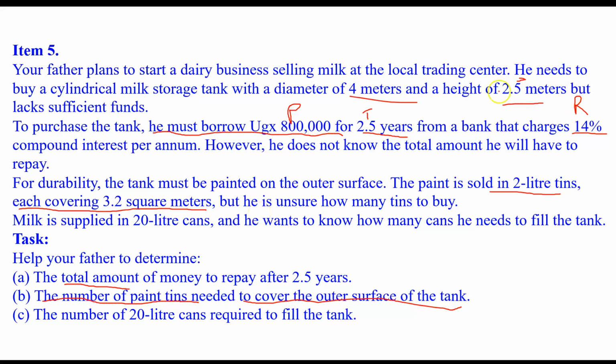So we shall get the area to be covered divided by 3.2 since each tin covers 3.2 square meters. So briefly, we begin by calculating the surface area of the tank, and then we divide by 3.2 to get the number of 2-liter tins that will be required. So let's go and do that.